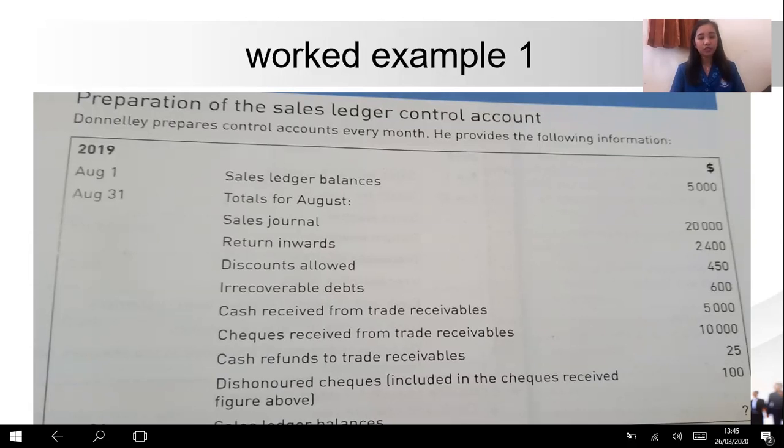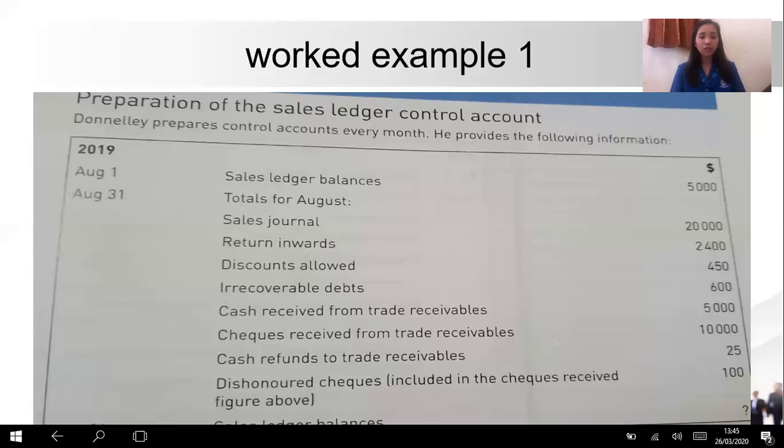The totals for August: sales journal 20,000, return inwards 2,400, discount allowed 450, irrecoverable debt 600, cash received from trade receivable 5,000, cheque received from trade receivable 10,000, cash refund to trade receivable 25, and another cheque included in the cheque received figure, about 100.